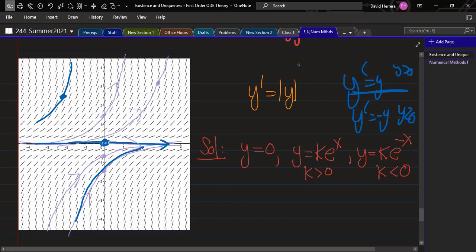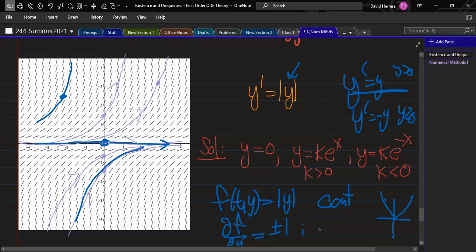And if you look at this, this is continuous. So f of t comma y, that's the value y, this is continuous. And if you do the partial derivative with respect to y, well, this is a little messy because when you graph this, it's the absolute value function. So this is plus or minus 1 if it exists. At this corner here, the derivative doesn't exist, but everywhere else it's -1 and 1.